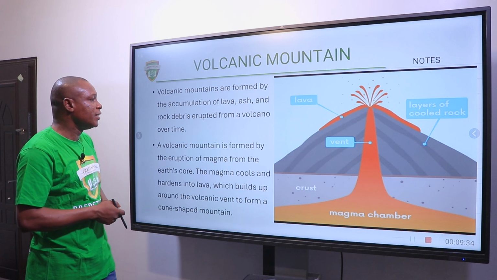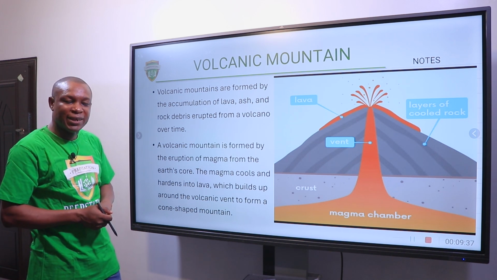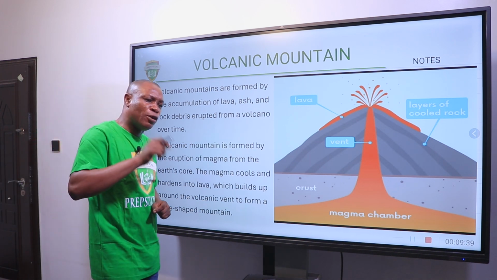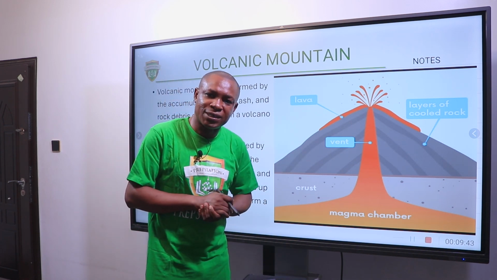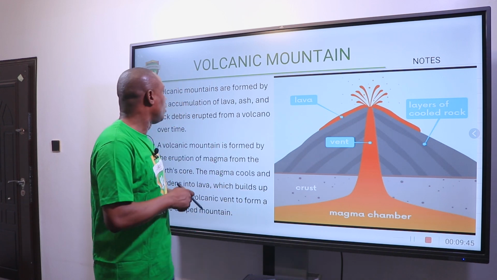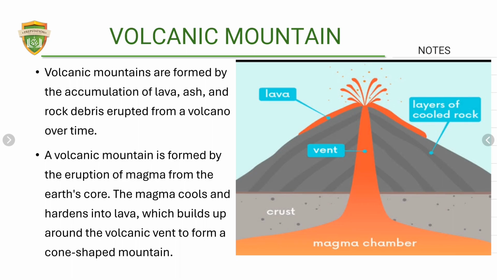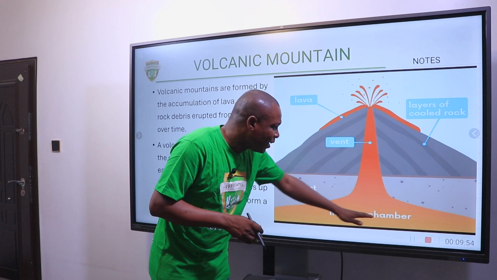Volcanic mountains. A volcanic mountain is a mountain formed as a result of volcanic activities. Volcanic mountains are formed by the accumulation of lava. From the diagram here, this is the accumulation of lava.